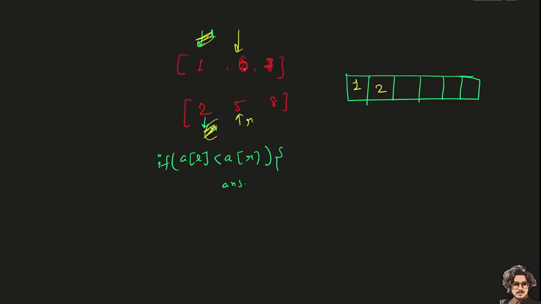Again we are checking which one is smaller. We see that 5 is smaller, so we put it inside this box and move the right pointer here. At this position 6 is smaller, put it here. On the left position we check 7 again. This one is over, so we can't go outside. 8 is left here only.